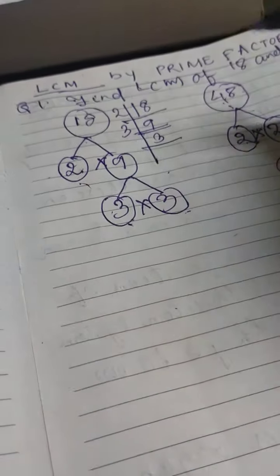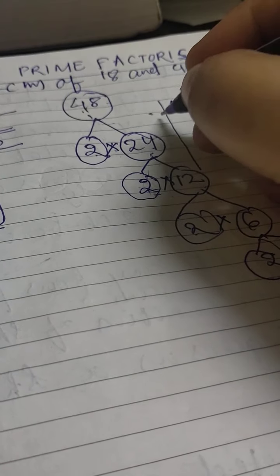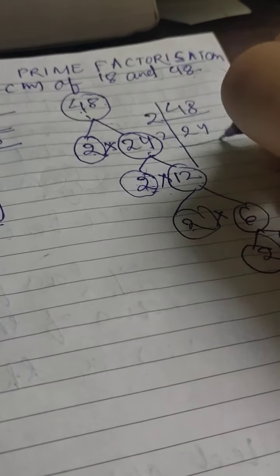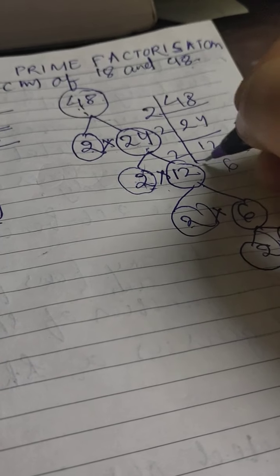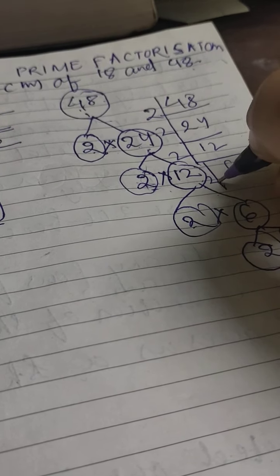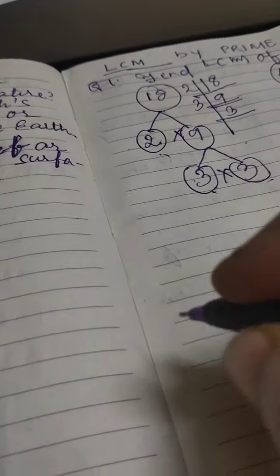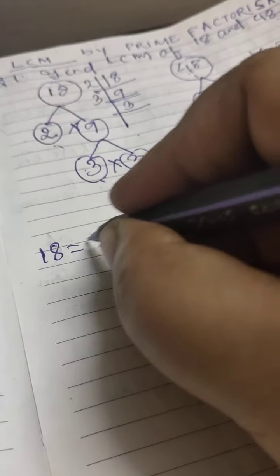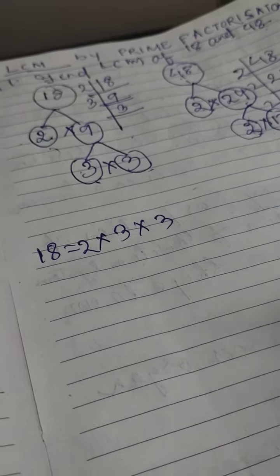But we will do it individually, not like the common division method. 48, 24, 12, 6, 3.